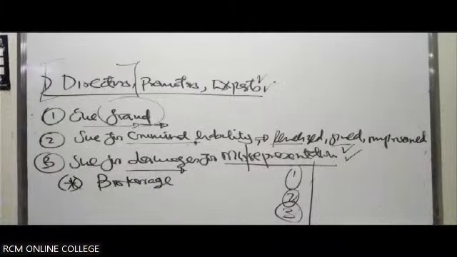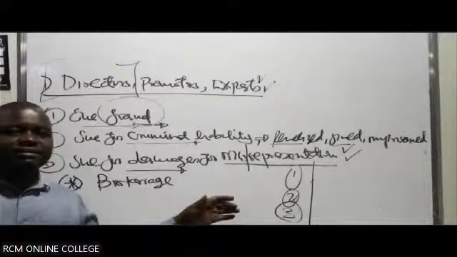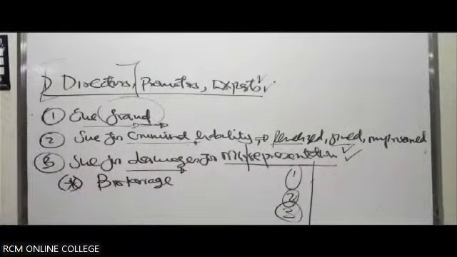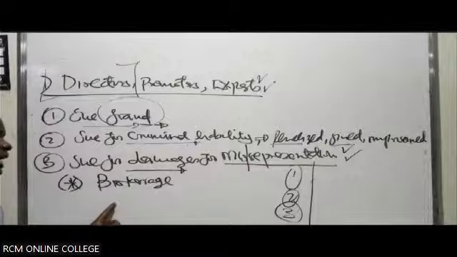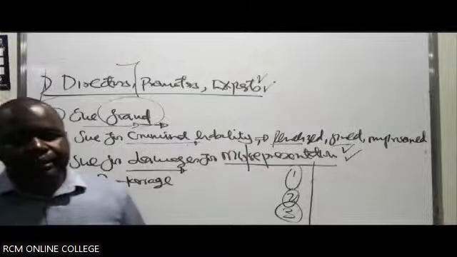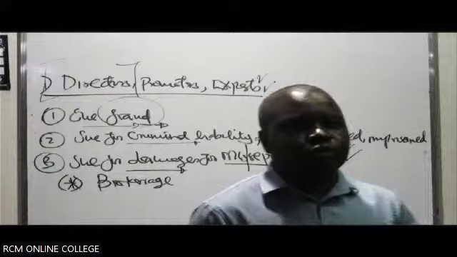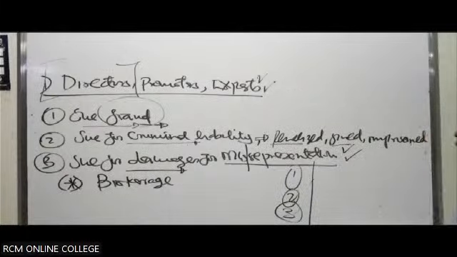As a result, you'll pay them a fee, or maybe a commission. We call it brokerage. This is basically a fee or amount paid by the company to parties who facilitate or enable the company to sell the shares. So they pay them what you call a brokerage.